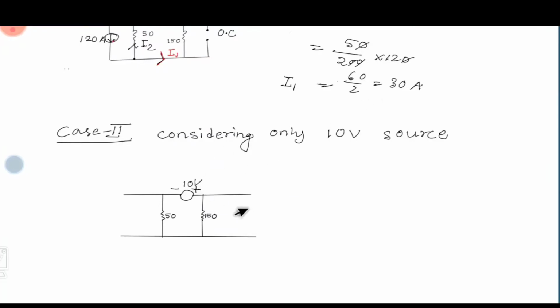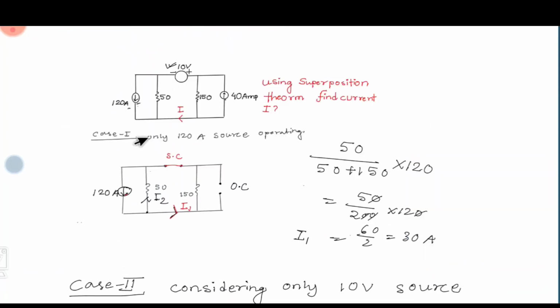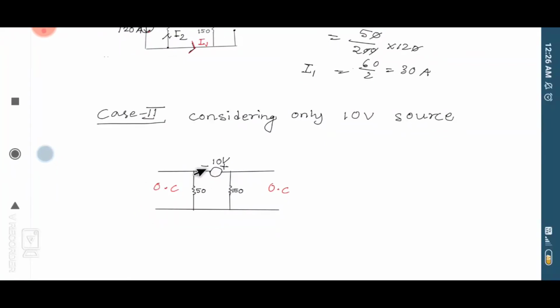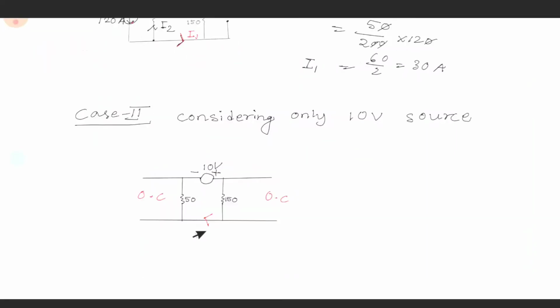This is open circuit and this is also open circuit, as you can see, these are current sources. Now look, this is the voltage source and the polarity is minus to plus, so the current would flow in this direction. So the response in this branch would be in this direction.